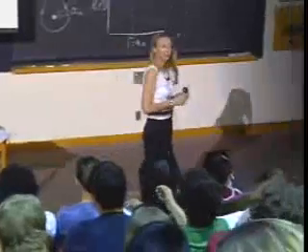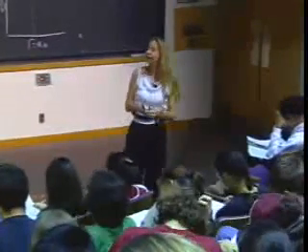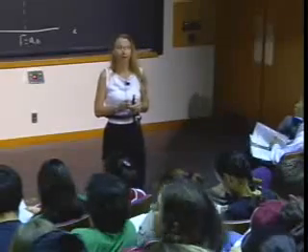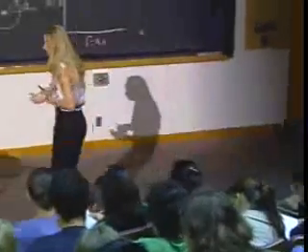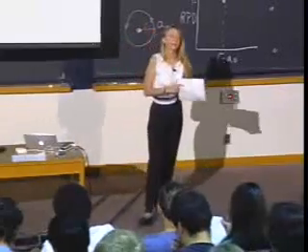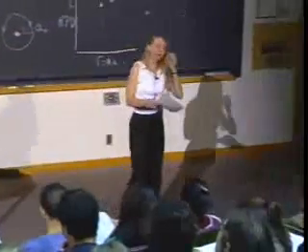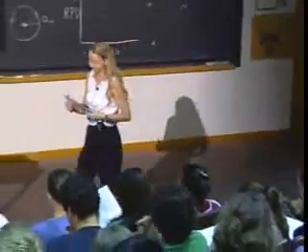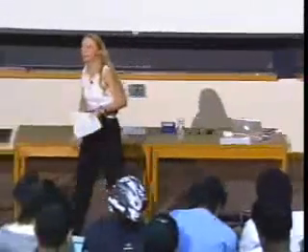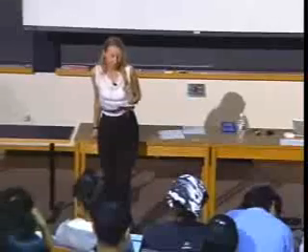And now it's time to move on to multi-electron atoms. And we're going to start here with helium. Well, the Schrodinger equation, of course, correctly predicts the atomic structure of all atoms, right?